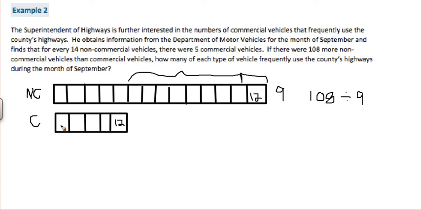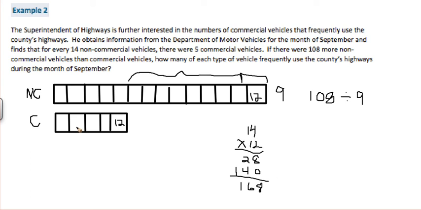So, returning to our original ratio, there are 14 pieces in the non-commercial vehicle section, and each piece is 12. So we'll take 14, multiply it by 12, and we find that 168 non-commercial vehicles were using the highways in September.